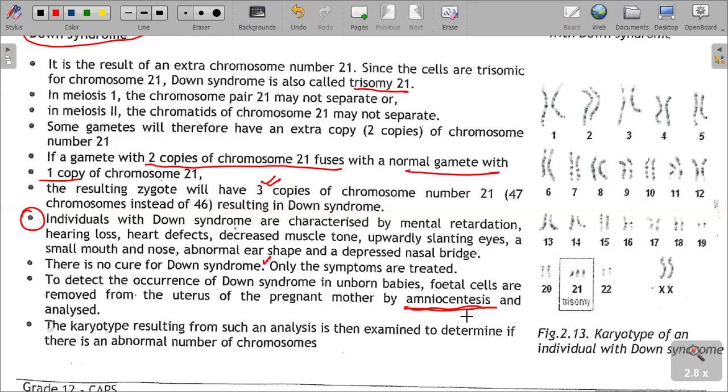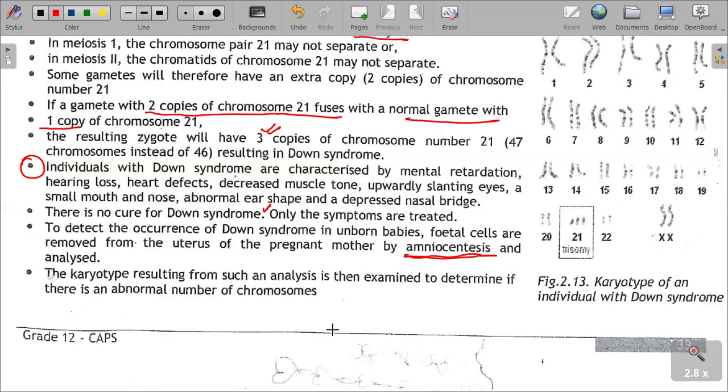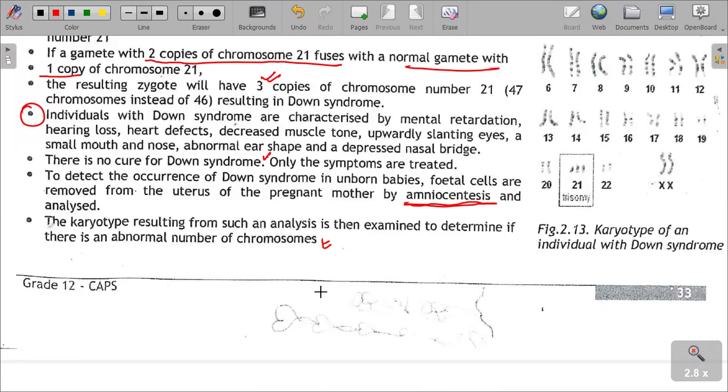Congenital problems, any disorders or disabilities that might be affecting the child, can therefore be picked up. Please take note of that. The karyotype resulting from such analysis is then examined to determine if there is an abnormal number of chromosomes.